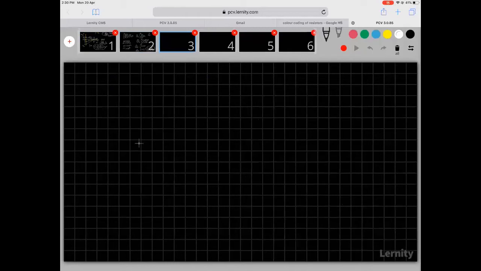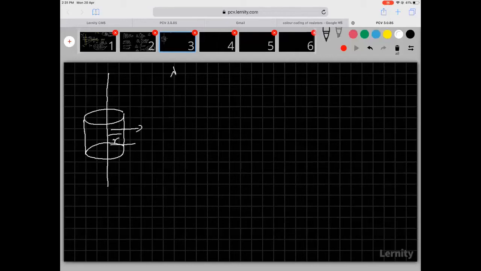Suppose I have a wire like this, and suppose this wire has a uniform charge density lambda. Let me take a small Gaussian surface here. Now suppose this distance here is r. Because it's an infinitely long wire, the electric field will be in this direction. Then the electric flux through this wall and this wall is 0. So if I apply Gauss law, integral E dot dA is equal to Q by epsilon naught, which is lambda dl by epsilon naught.